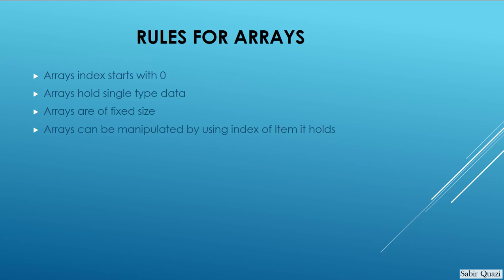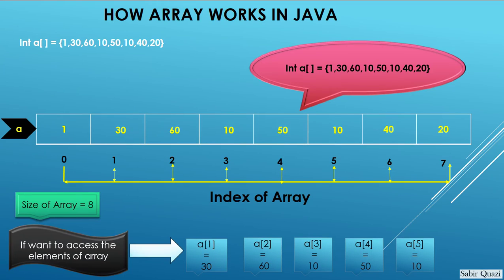So what are the rules? There must be some rules for arrays. What are those rules? The rules are: an array's index starts with 0. In our example we can see that the array starts with index 0, which holds the value 1, and continues till index 7, which holds the value 20.